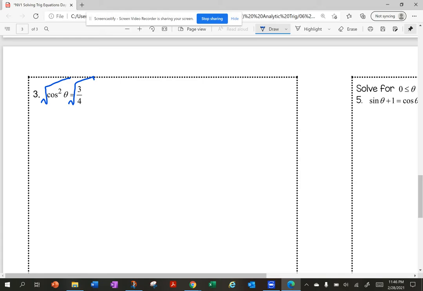So when I take the square root of something, I know I have a positive or a negative of that. So this is going to be the square root of 3, and the square root of 4 is 2. If I had x squared equals 3 over 4, and I took the square root of both sides, I get x equals the square root of 3 divided by 2.